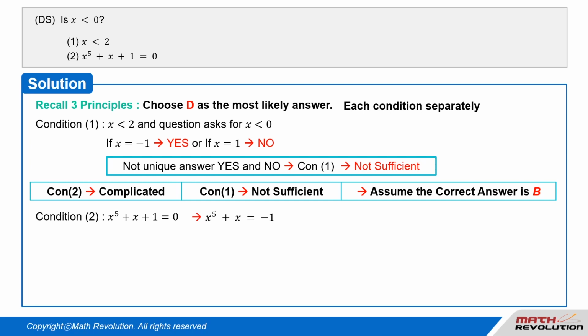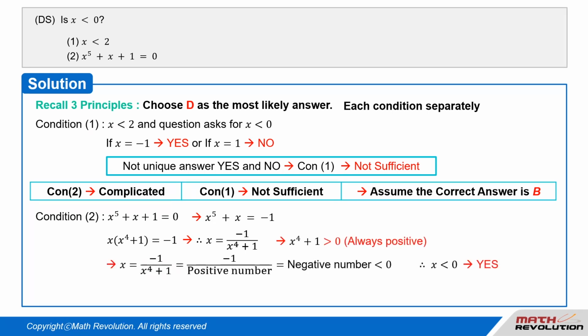If we take the time to actually solve condition 2, which states that x to the power of 5 plus x plus 1 equals 0, this can be arranged to get x to the power of 5 plus x equals -1. Taking out a common factor of x gives us x times (x to the power of 4 plus 1) equals -1, which can be further rearranged to get x equals -1 over (x to the power of 4 plus 1).